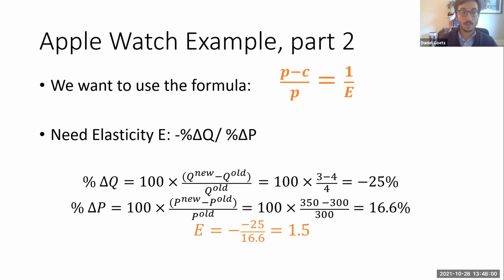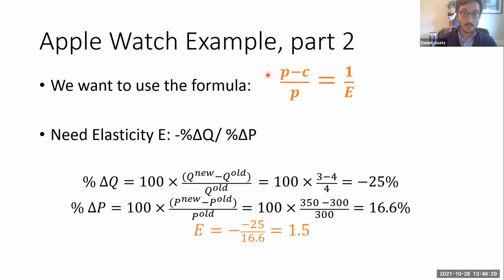Okay, so now when we look at the formula, we can see on the right-hand side, we have 1 over E, right? So as E gets bigger and bigger, the right-hand side gets smaller and smaller, right? Now on the left-hand side, in the numerator, we have P minus C. That's like your markup, right? That's the difference between the price you charge and what it costs you to make it.